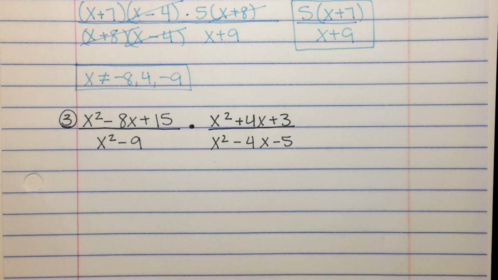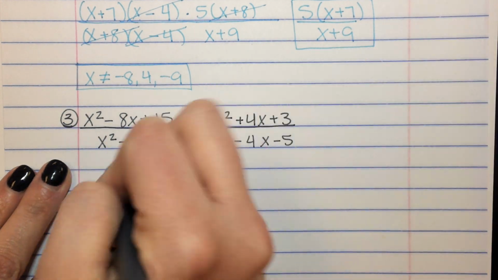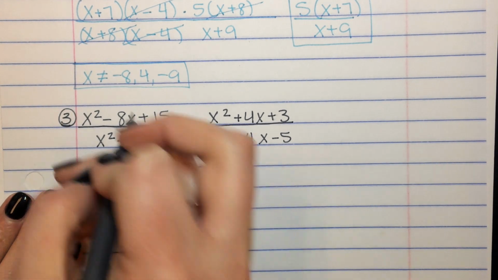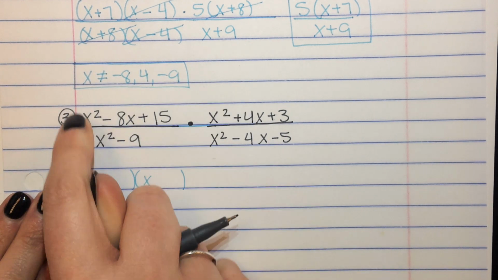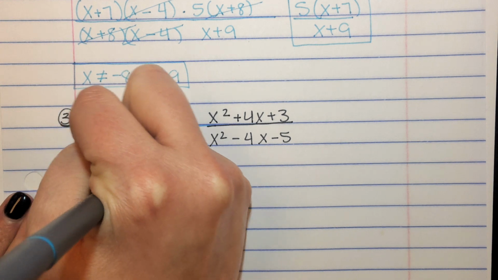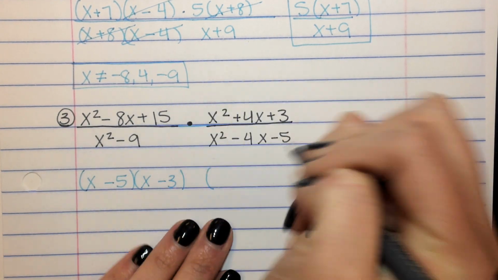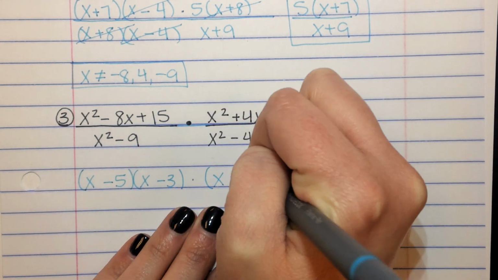Again, we're just multiplying, so we can treat it all as one big fraction. Factor each set. Okay, so we have x and x. To make x squared, we need factors of 15 that add to give me negative 8. So that's going to be negative 5 and negative 3. Over here, we're going to have x times x to give us x squared.